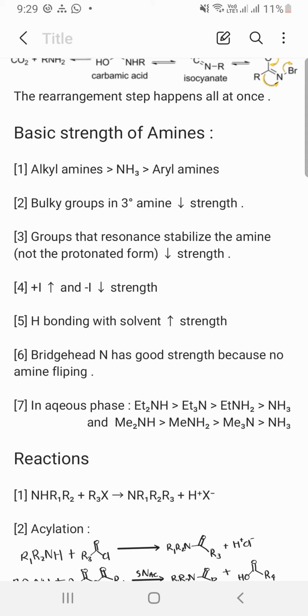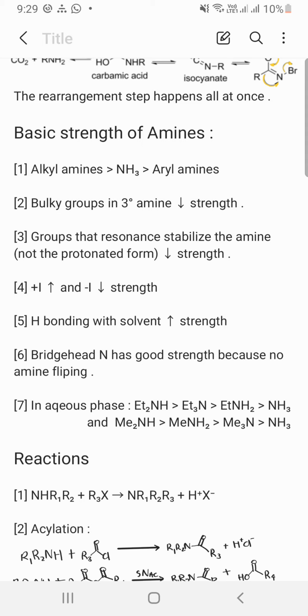That's why aryl amines are weaker. Also sp2 carbon is not good, but the main reason is the resonance stabilization of the basic form and not the conjugate form.